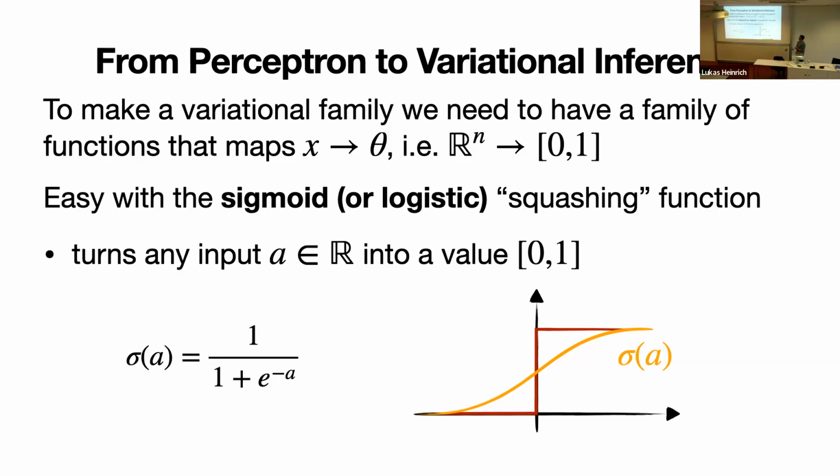It is easiest to have functions between the real space and unbounded spaces, where the output can be from minus infinity to infinity. But we can very easily convert any generic function into a function that only outputs numbers between 0 and 1 by using what's called a squashing function, or a sigmoid function, or logistic function. It has this structure here: 1 over 1 plus exponential to the power minus a.